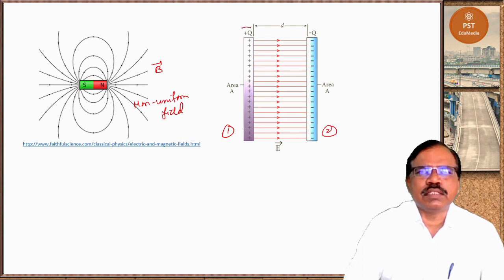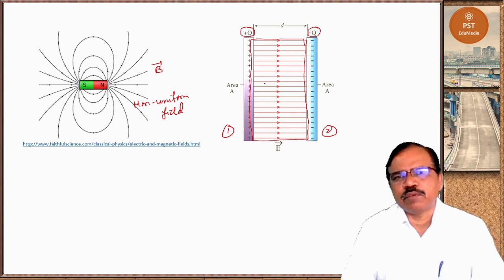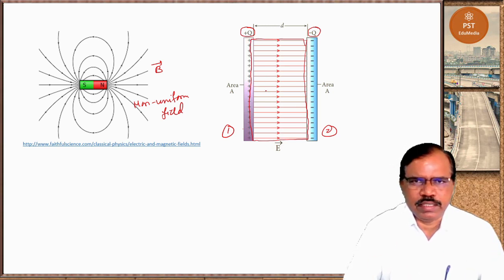Now if we see a parallel plate capacitor, this is the first metal plate, this is the second metal plate. Positive charge plus q is given to the first plate, minus q charge is induced on the second plate, and the charge is uniformly distributed. If we see the region between the two plates, we will see the electric field directed from the positive plate to the negative plate.